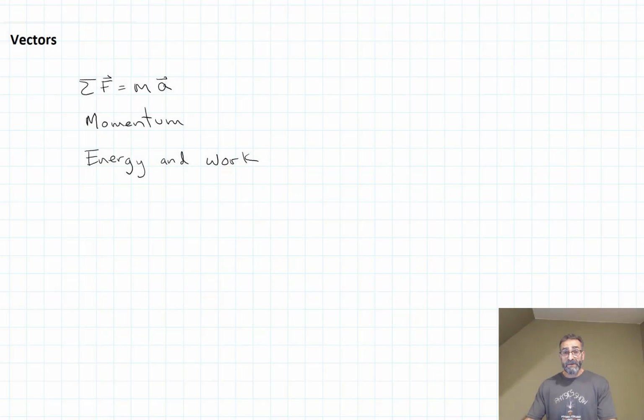The way we account for the relative direction between the force and the displacement to calculate the work done is by using a dot product. Work is a scalar, and it's the vector dot product of force and displacement.